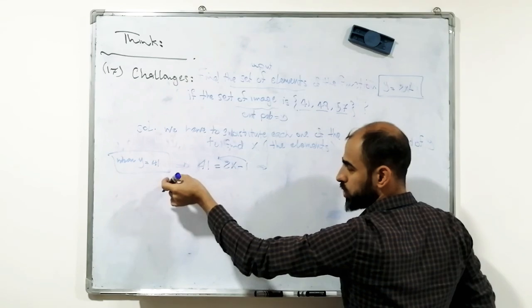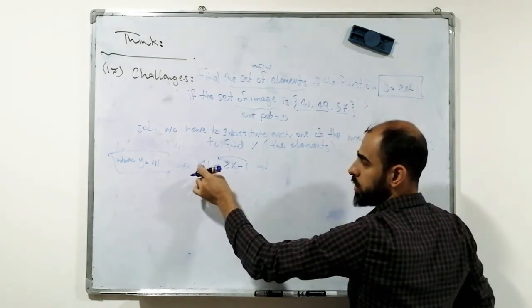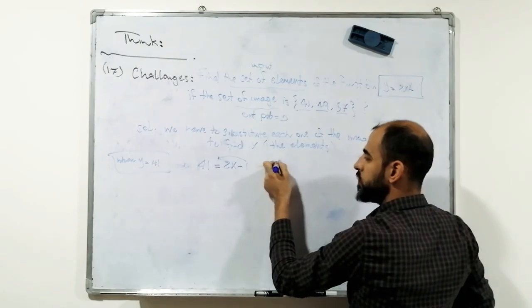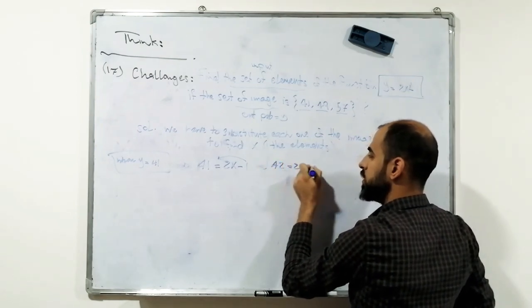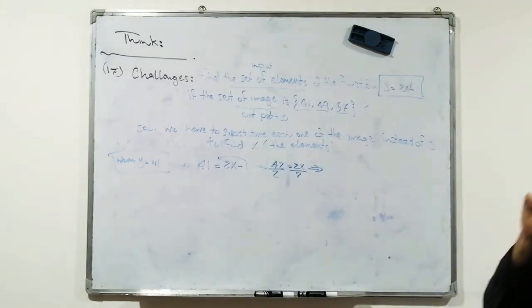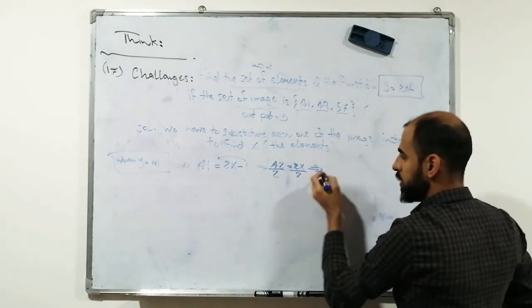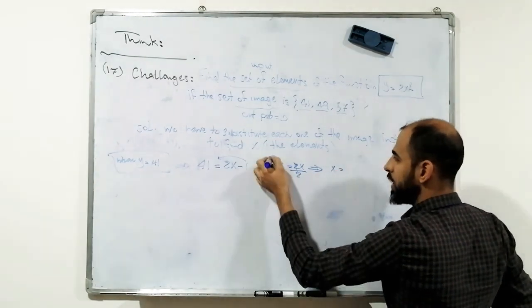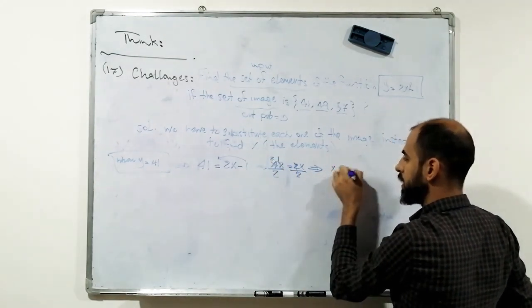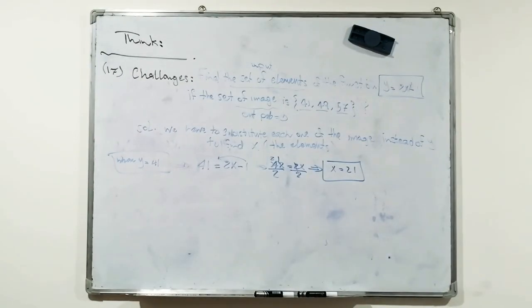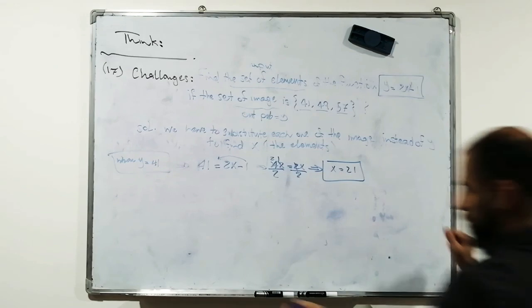Minus 1, when we change it to the other side, will be positive 1. 41 plus 1 will be 42, equal to 2x. Dividing both sides over 2, x equals 42 over 2, which is 21. This is the first value of the input, or of the element.